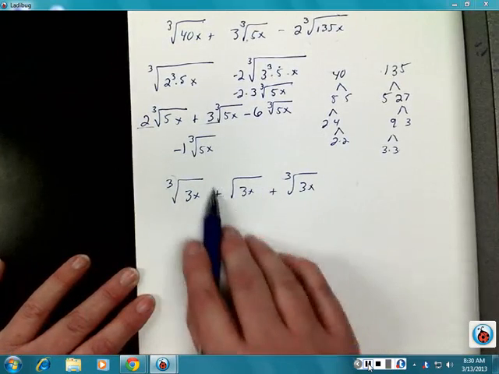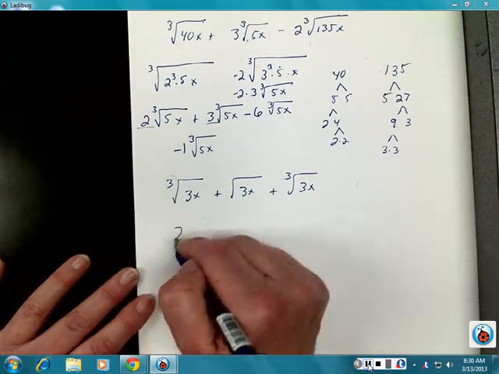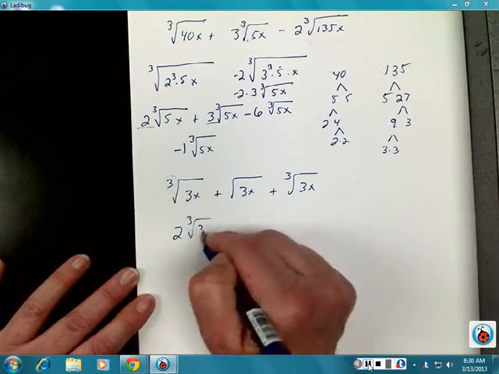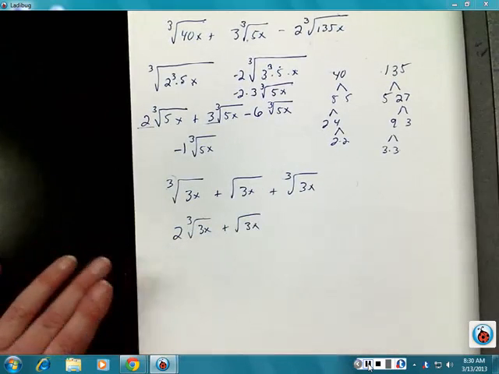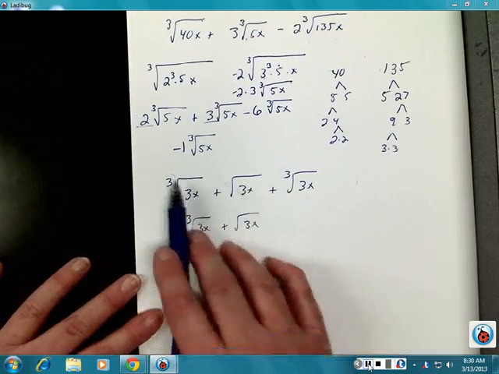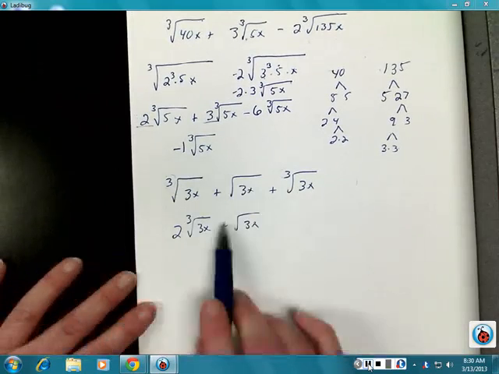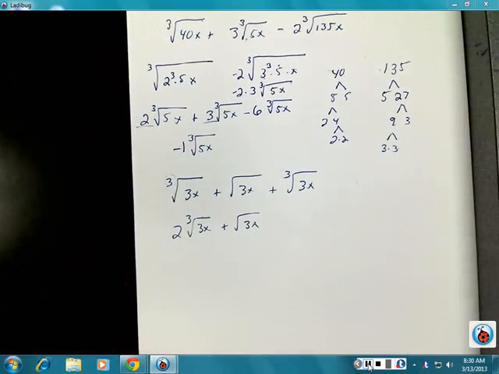My square root's not like it, okay? And so my answer to this is 2, the cube root of 3x, plus the square root of 3x. So they do throw those in, so be real careful. It looks like they match, but when you look at indexes, they don't. So be really careful with combining and putting some of those things together.